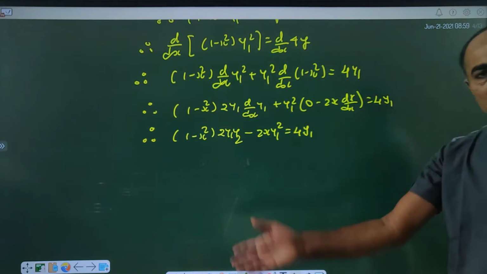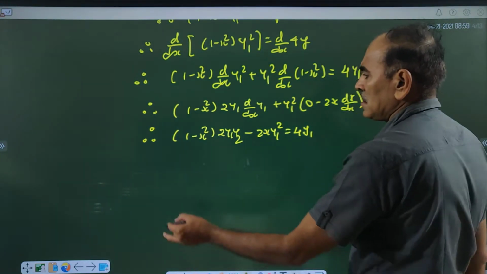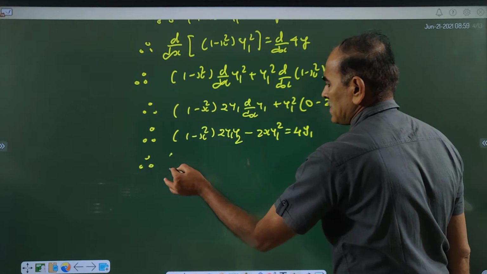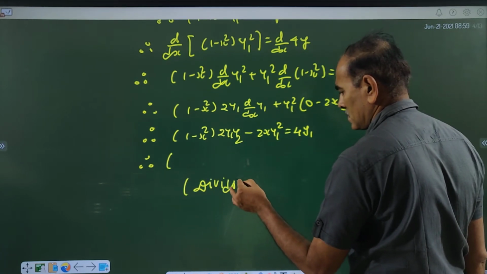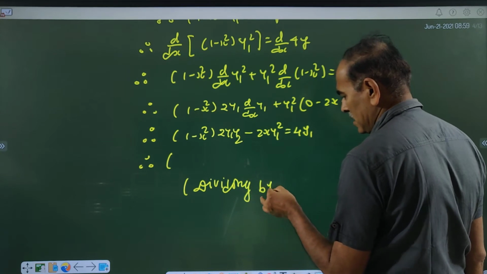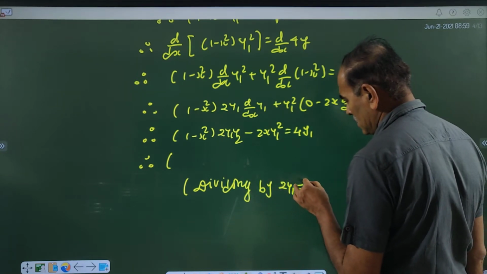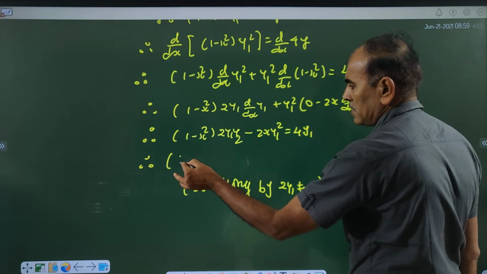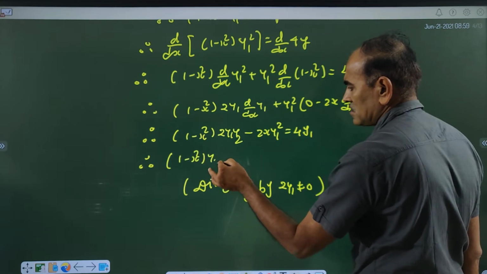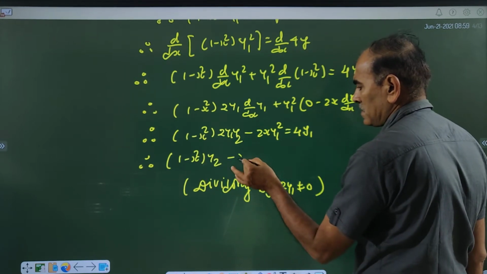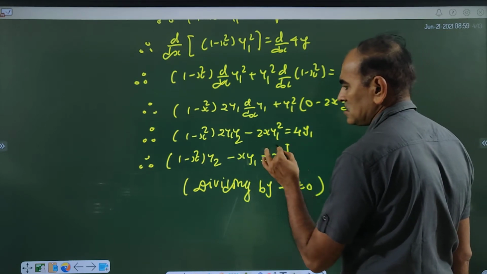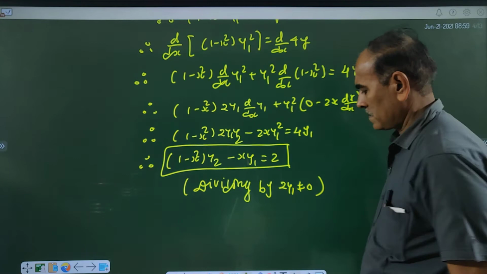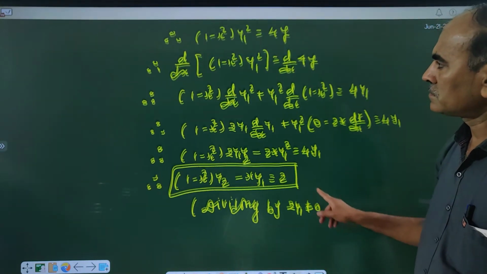Whenever you are squaring on both sides, definitely it is divisible by 2y1. Dividing by 2y1, not equal to 0, what we get? (1 minus x square) y2 minus x y1 is equal to 2. And see, this thing we wanted to show.